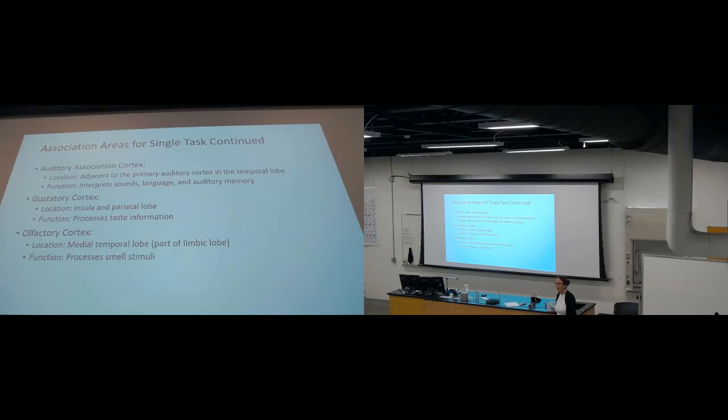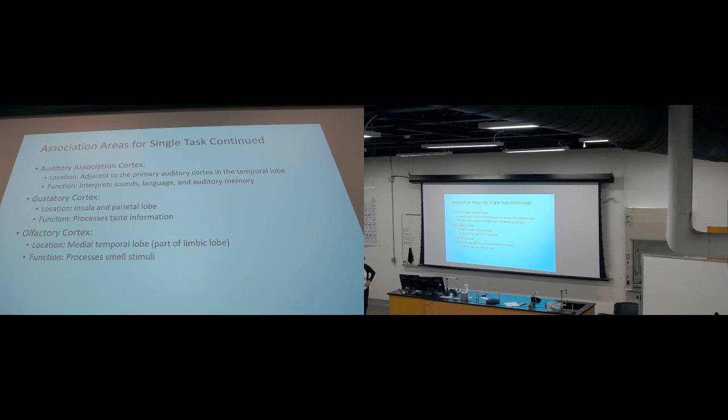I mean, you can be blind, or you might be talking to someone on the phone, and just based on audition, you can tell whether the person is angry or not. So you can tell a lot by the voice of a person, guys, as well. So that is part of what our auditory association area does. So rather than just, okay, well, I hear this, what does this mean? That's what they do.